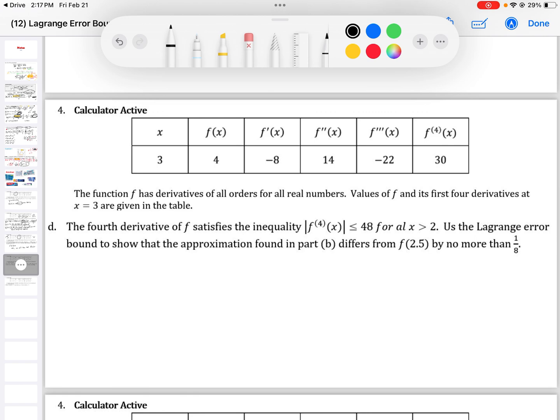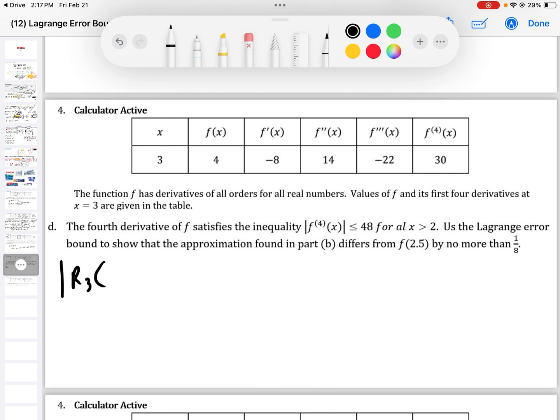Use the Lagrange error bound to show the approximation found in part B differs from the actual function value at 2.5 by no more than 1/8. So, kind of like the Brian Passwater question we did earlier.